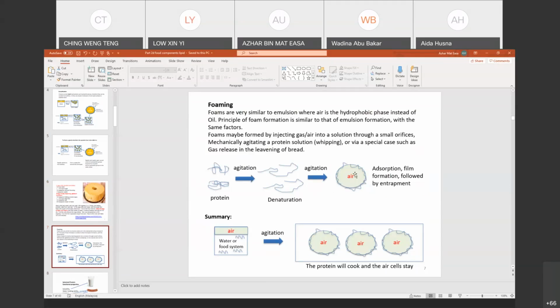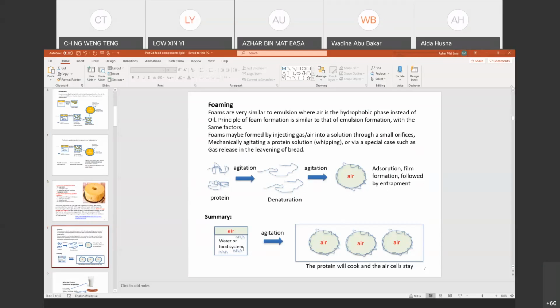Same process like before. Now it is adsorbed or forms films, followed by the entrapment of air. When we talk about gelation, we are talking about entrapment of water. With foaming, we talk about entrapment of air.